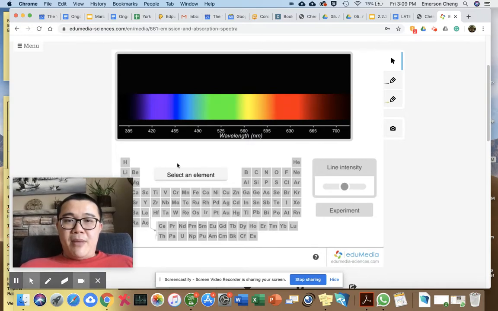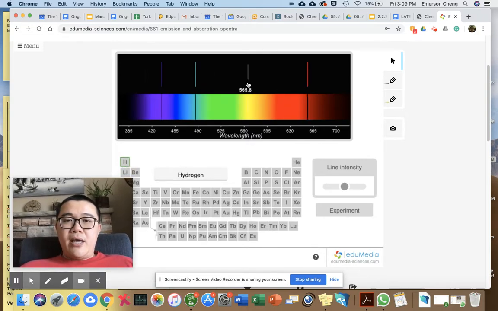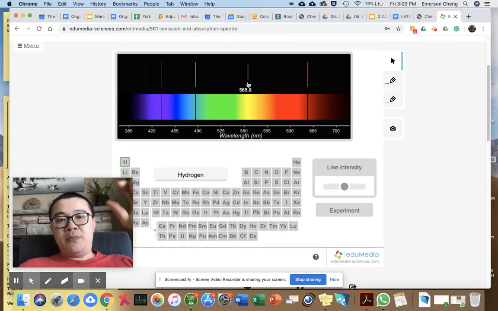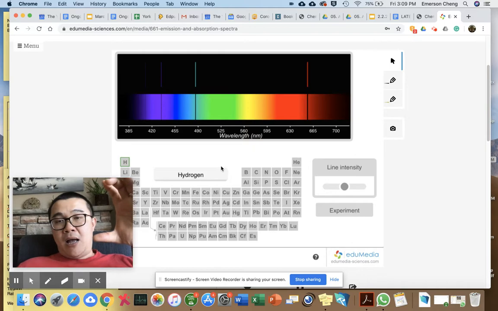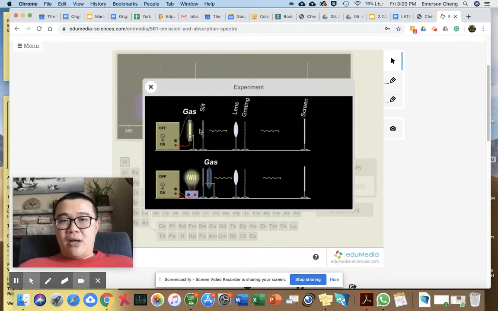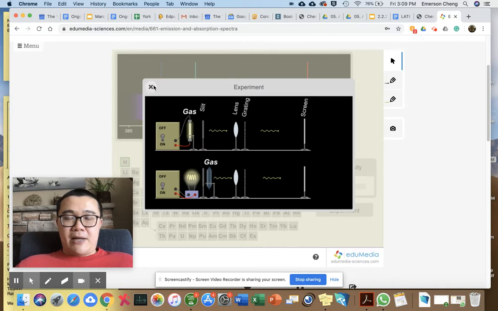If you remember, you have a gas tube filled with a certain type of element gas, and you pass energy through it. It gives off light, and then you can see the different line spectrum.